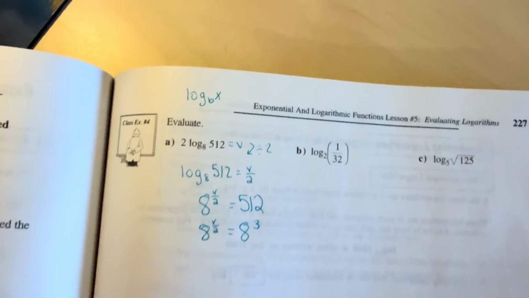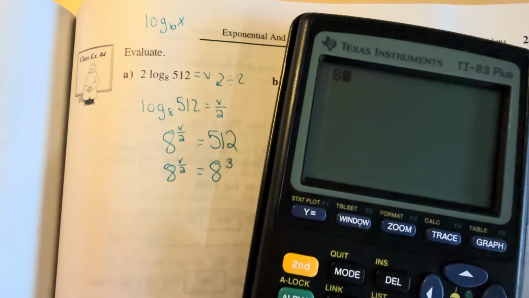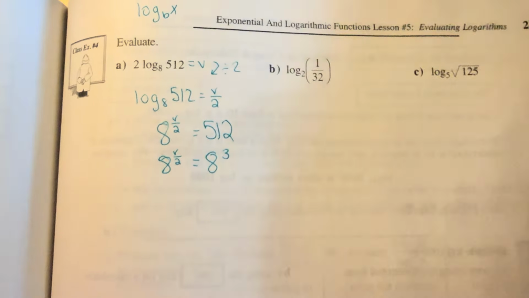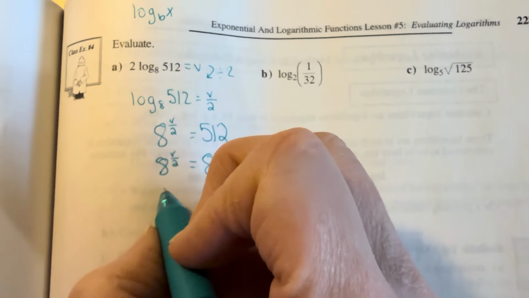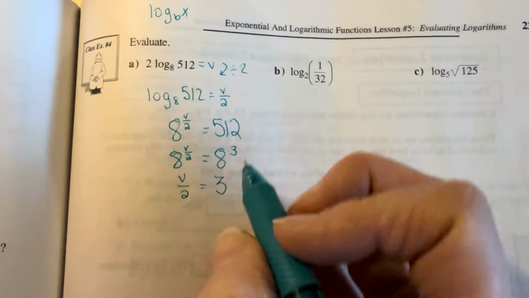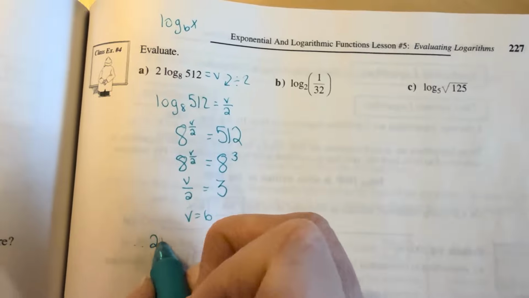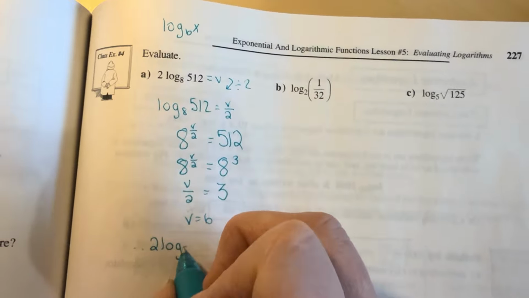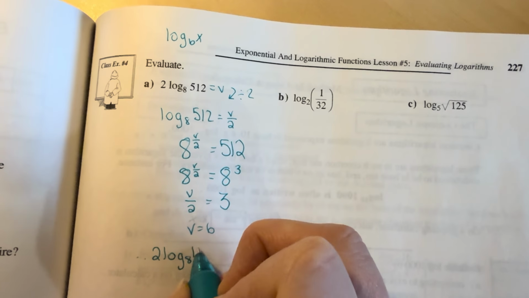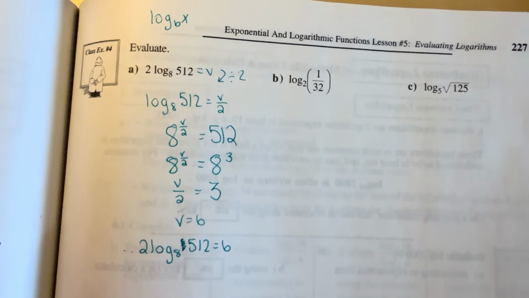I'm just going to double check, but I'm pretty sure. Yep. So then I can equate my exponents, cross multiply there, and then give my final answer. Therefore, twice log base 8 of 512 is equal to 6.